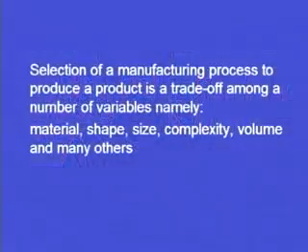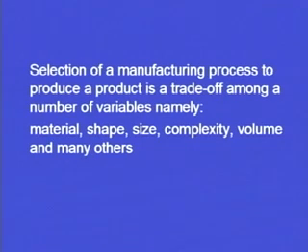We may use a split type of pattern and different types of molding procedures to make it by sand casting, or there can be other processes to make it. So, the size as well as the shape of the product will define what type of manufacturing process we should select for converting that particular material from a raw stage to the final stage. Similarly, the complexity in the operation also plays an important role.